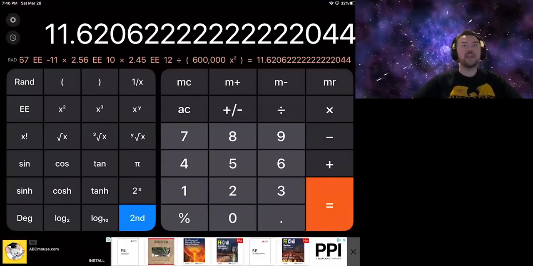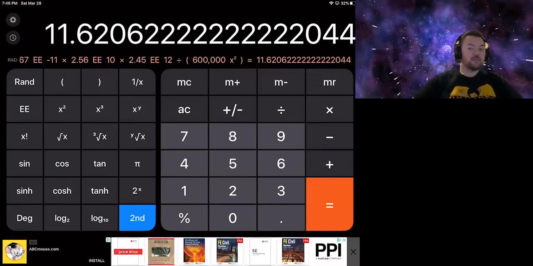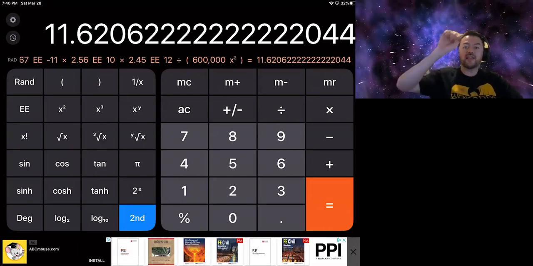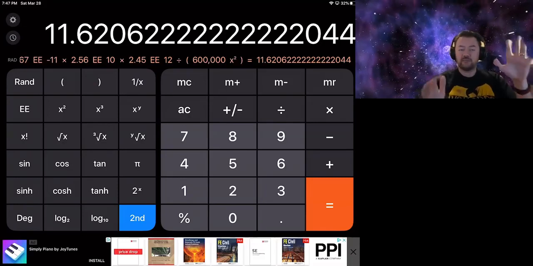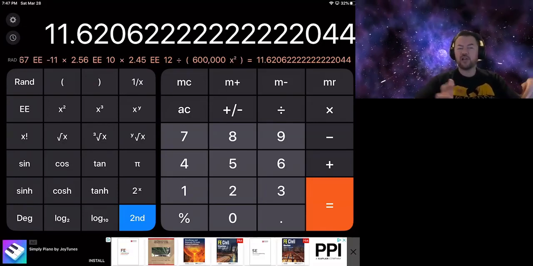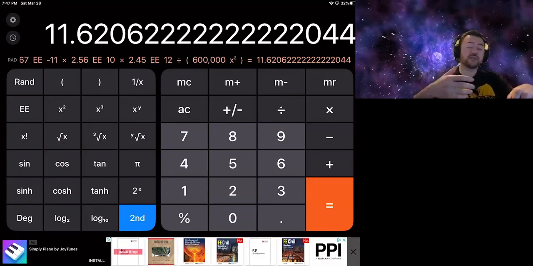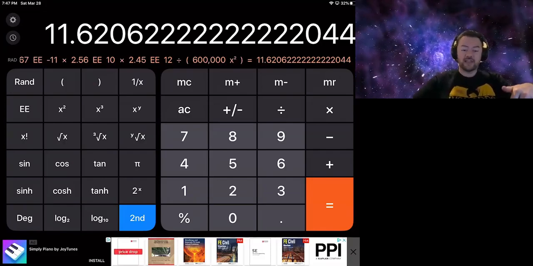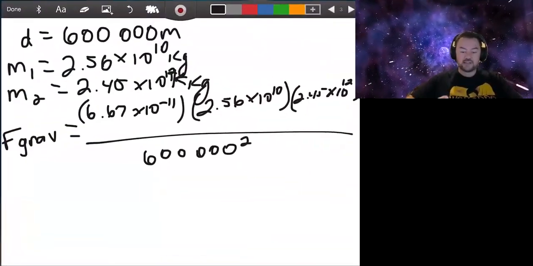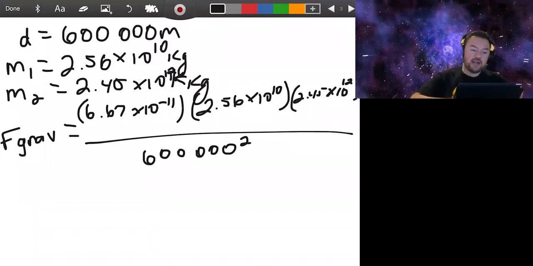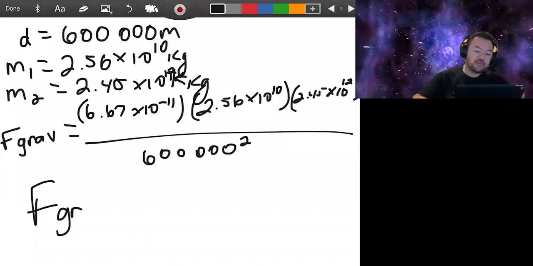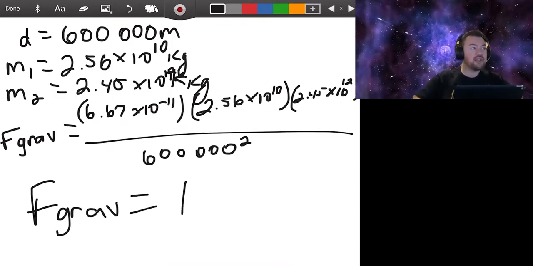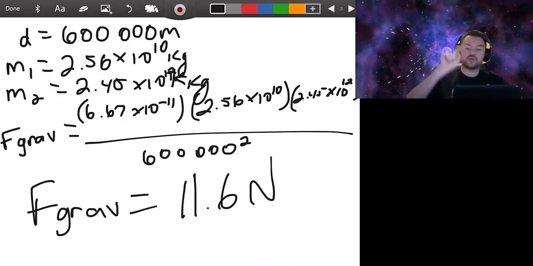Nope, that's right. It is 11.62. My answer key was wrong. 11.62 newtons. All right, so these are huge objects, but a lot farther distance actually has a force higher than our previous problem. The answer is 11.6. This is why I should double check things before I ever write them down. Our force of gravity, 11.6 newtons.